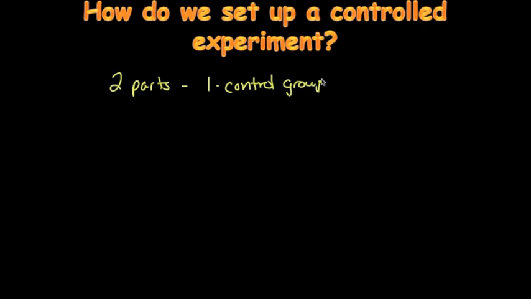Okay, today we're going to discuss how we set up a controlled experiment. So a controlled experiment has two parts. The first part is the control group. In the control group, everything remains constant, and they use it for comparison. So you compare what you are doing to the control group.